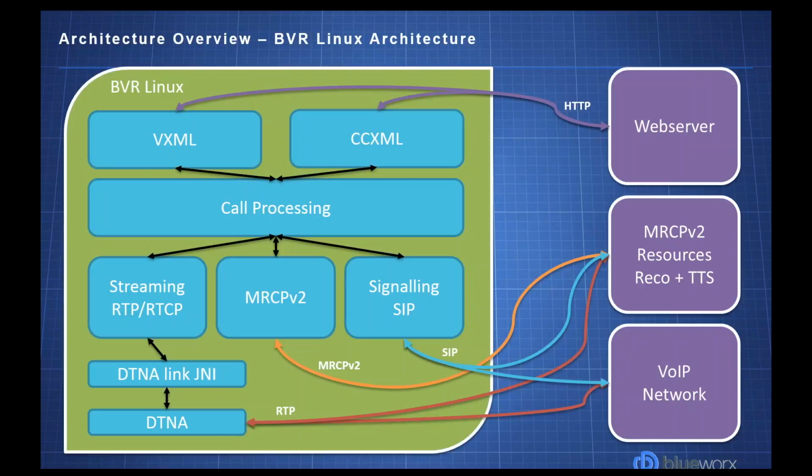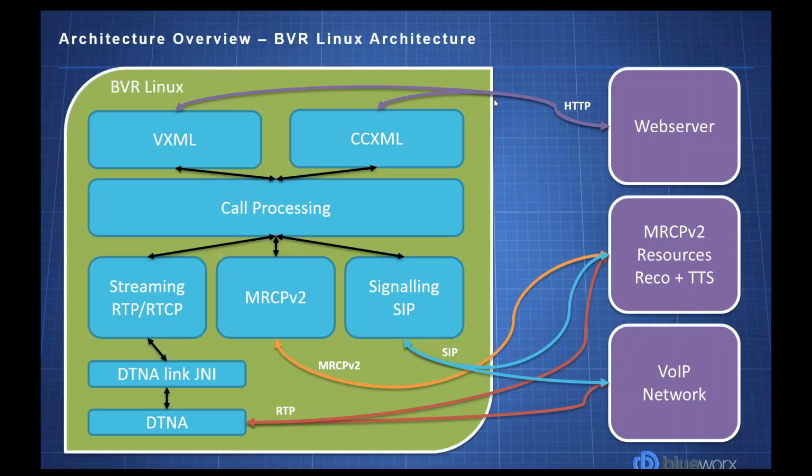MRCP version 1 used RTSP, I think, to set up those connections. MRCP version 2 uses SIP. So there's a connection between those two components in our code, because when we set up the MRCP connection, we use a SIP invite to set that MRCP connection up. Thank you. Sure, no problem. Good question.